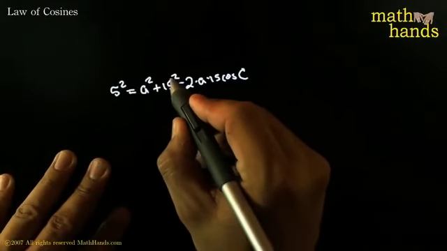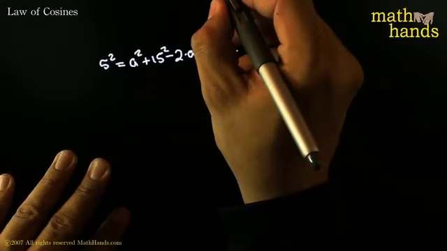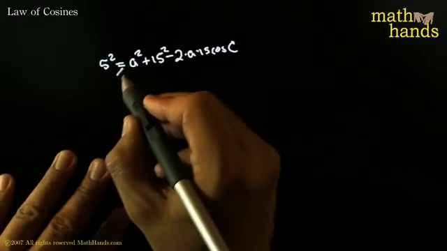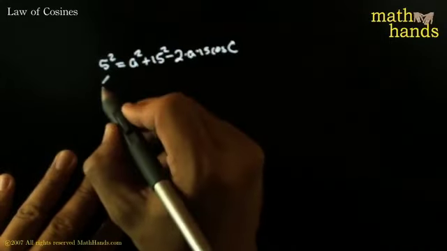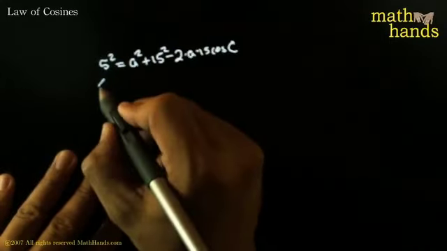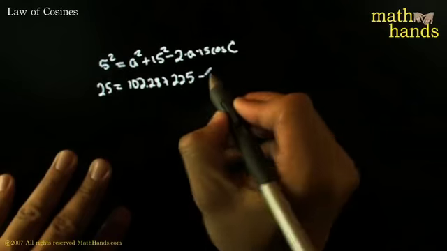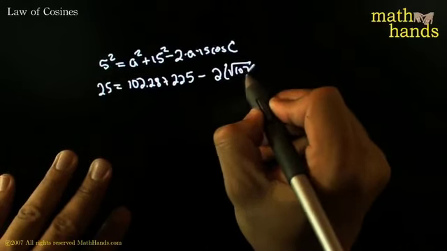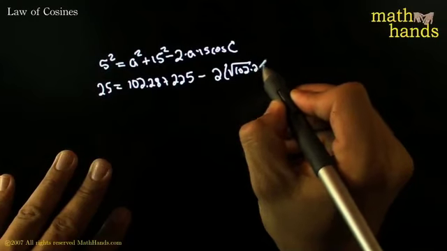And now we have to solve that. And keep in mind that we know what a is. A is the square root of 102.28. So then this becomes 25 is equal to 102.28 plus 15 squared, we said it was 225, minus 2 times the square root of 102.28.